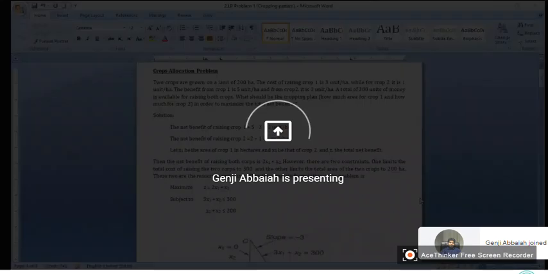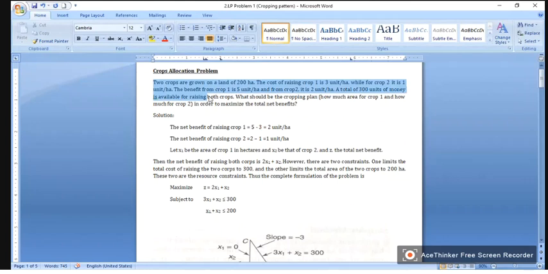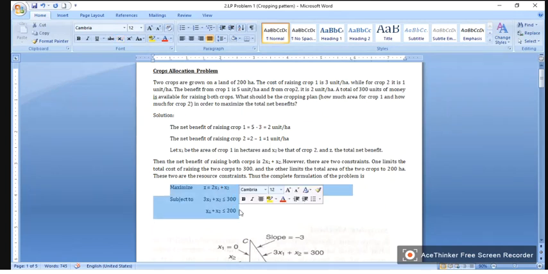So are you able to see a different file? Yes, sir. So all of you follow me carefully. This is the problem given in descriptive form, and we have formulated the problem in terms of equations like this.